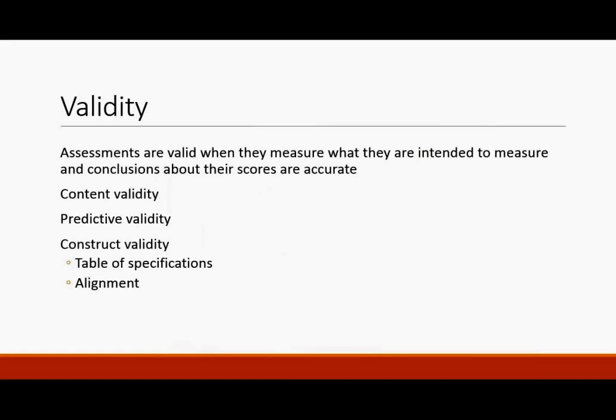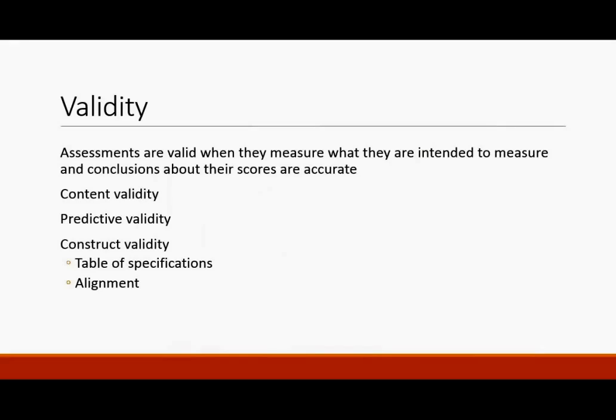So we have different types of validity. Content validity: is it measuring what we think it's measuring, the right content? Predictive validity: in other words, can it predict other tests?